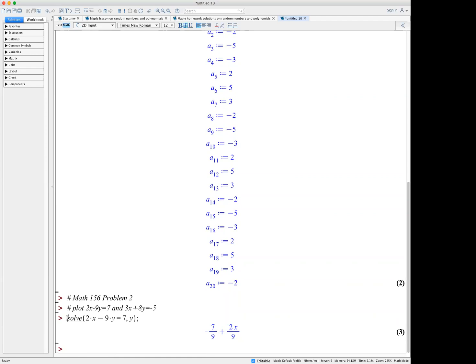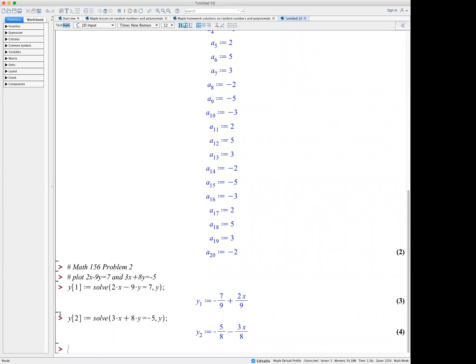Let's call this y1, so that's the first line. And we could take the second equation and solve it for y. We'll call that y2. That's what we get when we solve the equation 3 times x plus 8 times y equals minus 5 for y.